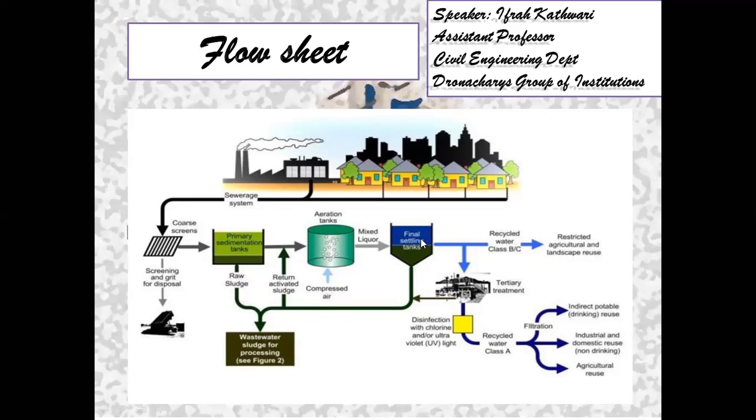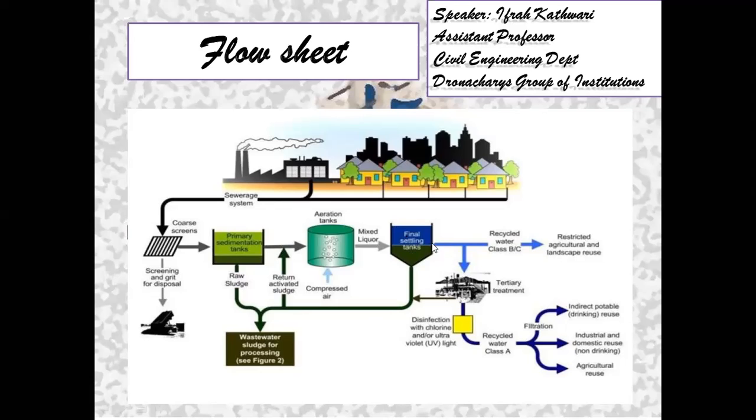After this final settling, we can use this recycled water, which is of class B and C, for irrigation purposes only. It is unfit for potable use since it is not filtered, so it is used for agricultural purposes only. It has restricted use.